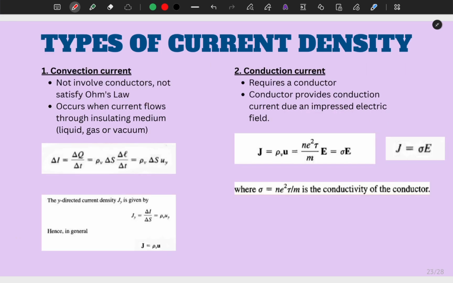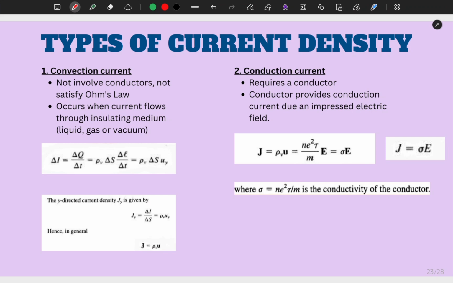Last but not least, in the second topic, we have two types of current density, which are convection current and also conduction current. As for convection current, it does not involve conductors and does not satisfy Ohm's law. It will occur when current flows through insulating medium such as liquid, gas, or vacuum.